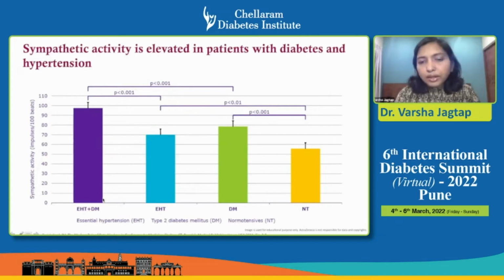As we can guess, those patients who had normotension had the least sympathetic activity, and those who had both diabetes and hypertension had the most sympathetic overactivity. Obviously the presence of diabetes and hypertension together intensifies this whole problem.